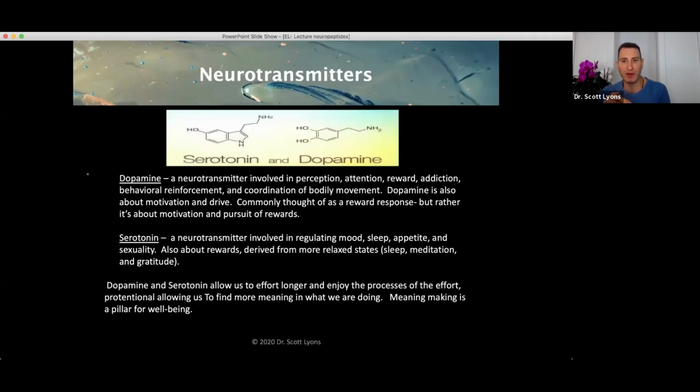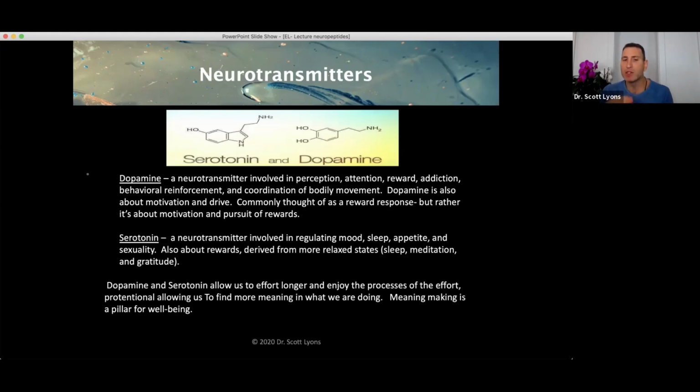One neurotransmitter does not do one single thing. So we can't just say this is our reward hormone or this is our happy hormone. Unfortunately, it's so much more nuanced and complex than that. They do focus more on particular things, but each neurotransmitter is a multitasker.